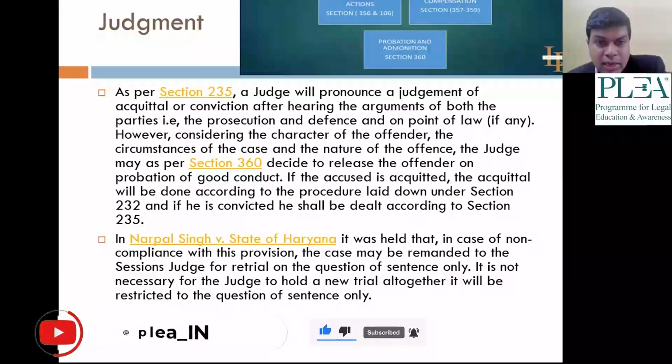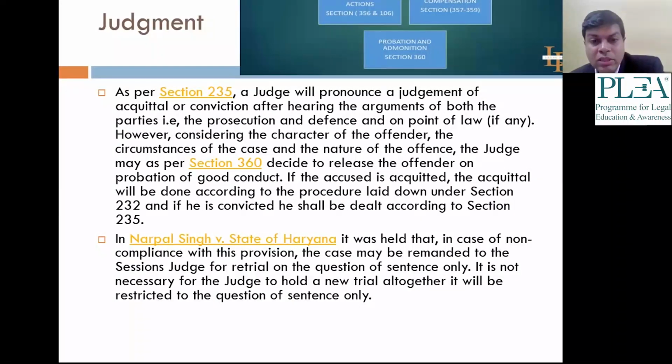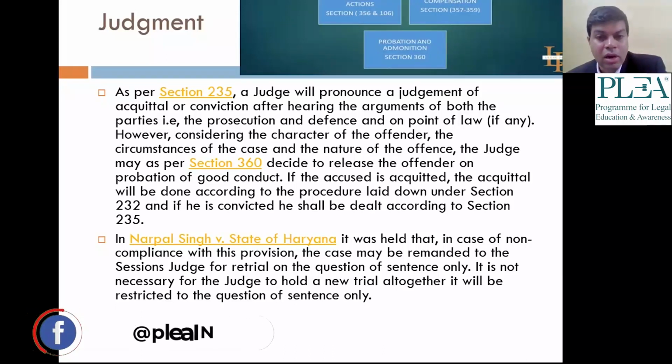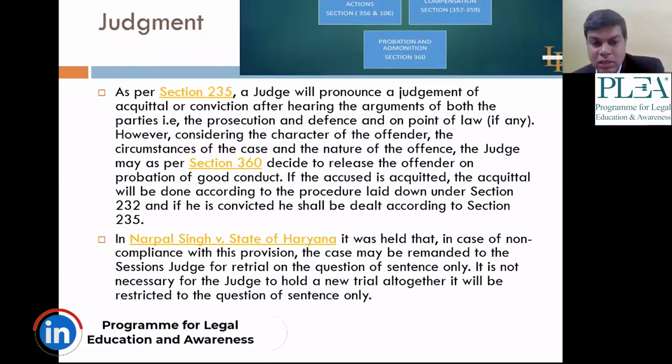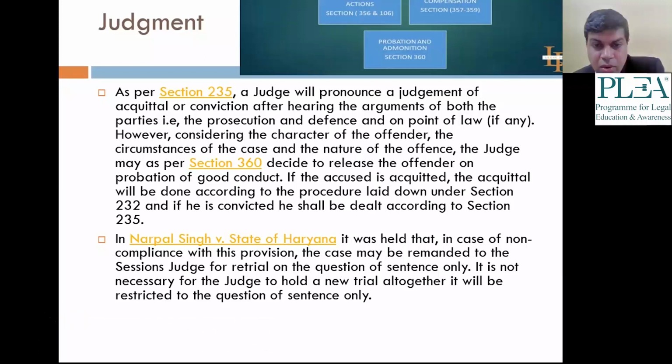As per section 235, a judge will pronounce a judgment of acquittal or conviction after hearing the arguments of both the parties. The judge will make the judgment on the basis of point of law, and will give a brief reasoning as to why the judge has given such judgment.